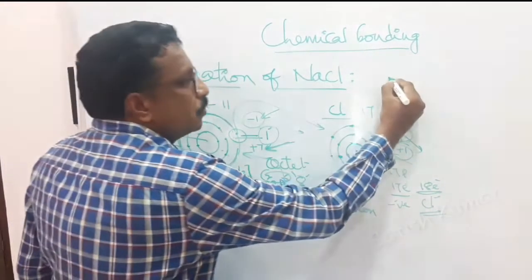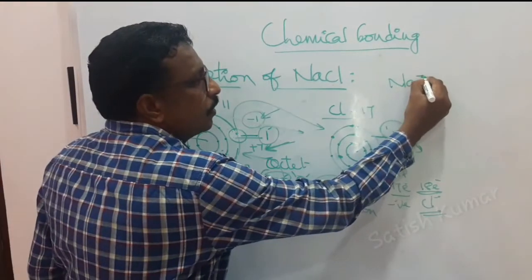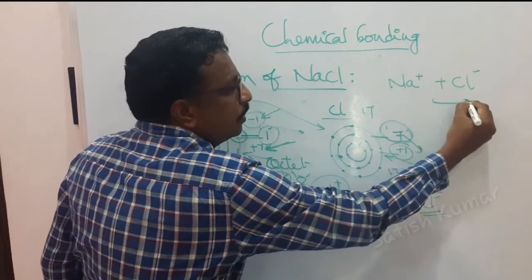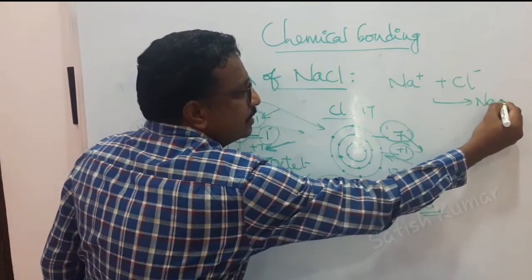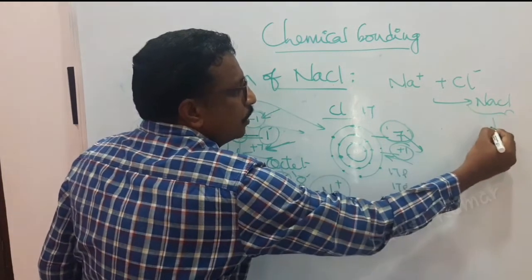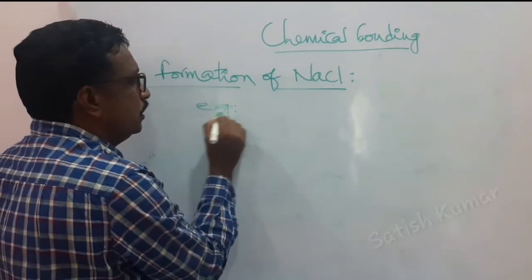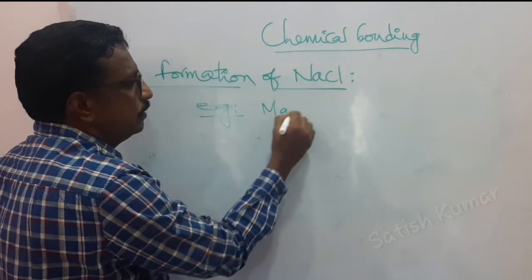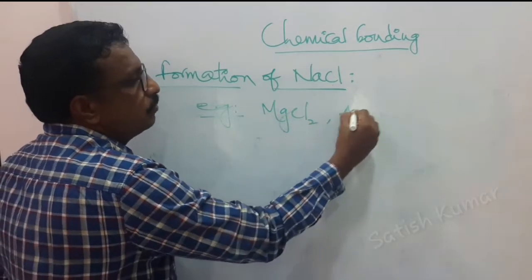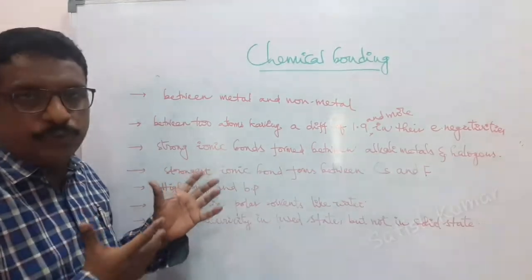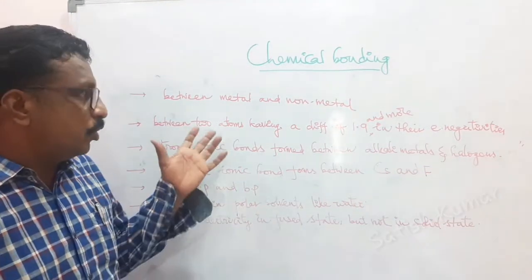Now this sodium plus and chlorine minus combine to give NaCl, which is neutral. Some other examples of ionic bond are magnesium chloride and aluminum chloride. So these are the few important points about ionic bond.